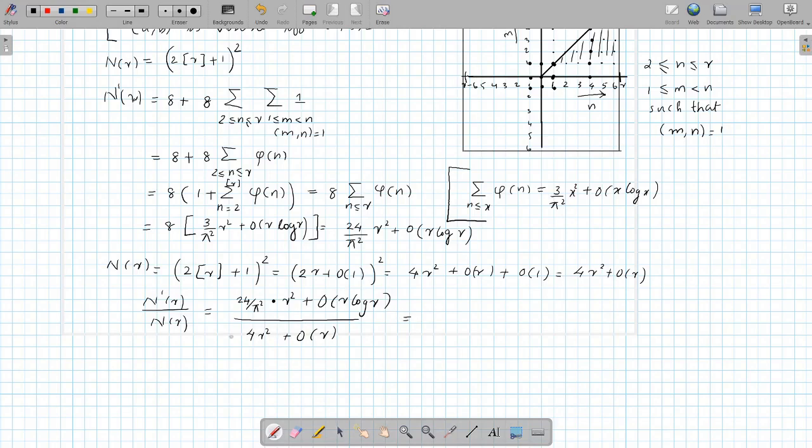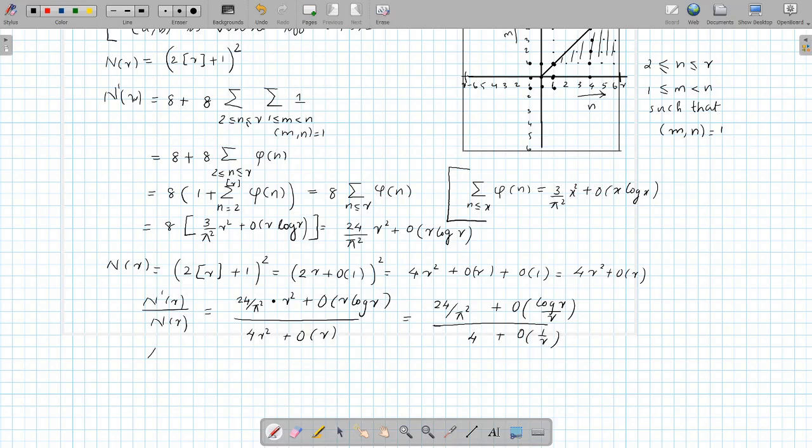So take r square out and cancel. So that will be equal to 24 by pi square plus O of log r by r, whole divided by 4 plus O of 1 by r.